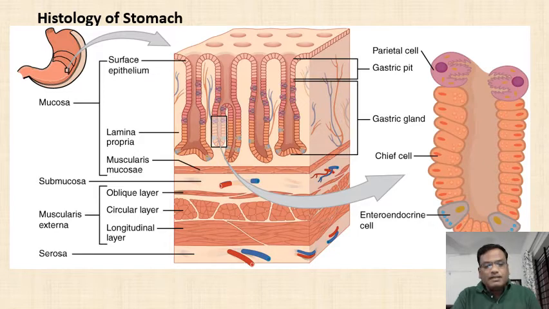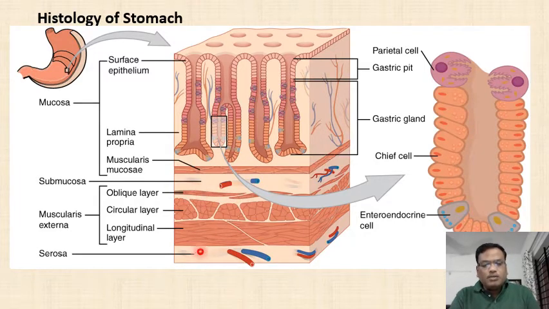And this muscularis layer is actually made up of muscles arranged in different directions. So here, in the outer layer, you can see the longitudinal muscles, the muscle fibers which are arranged in longitudinal manner, and below that you find a layer where you find the circular layer and also the muscle fibers arranged in oblique manner.